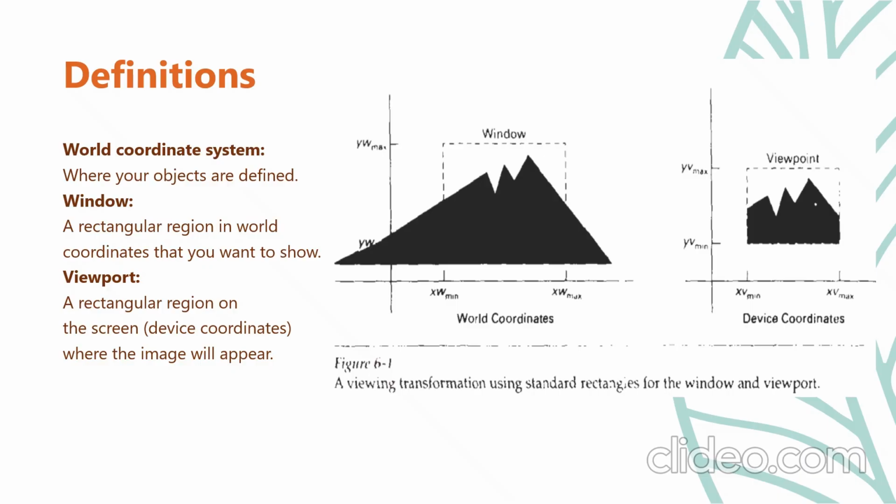So, in simple words, the window decides what to display and the viewport decides where to display it on the screen, like which part of the screen the image has to be displayed. This distinction is very important in computer graphics. To understand this, we'll move on to the next slides.